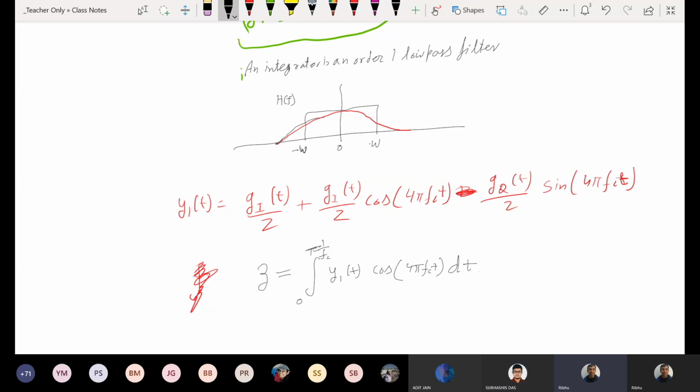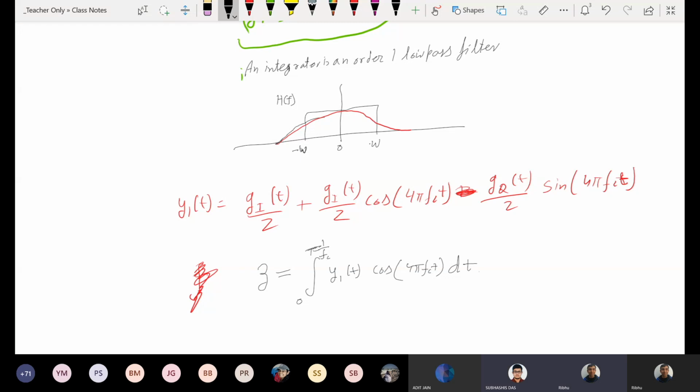What you will get instead is a single number, and those will actually be samples of g(t), some weird sampling of g(t). You have done some basic mathematics of sampling, you know how complicated it is. Because now it's a sample averaged over a cos 2 pi fct kind of a thing, you will get something even more ugly. You will get a series of samples, not a continuous signal.